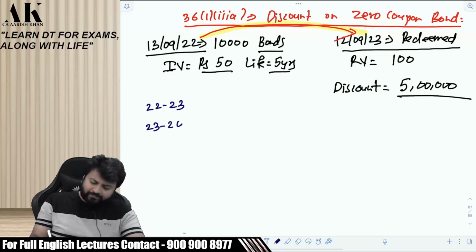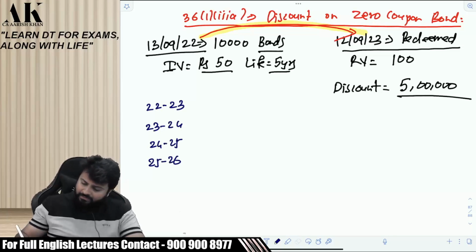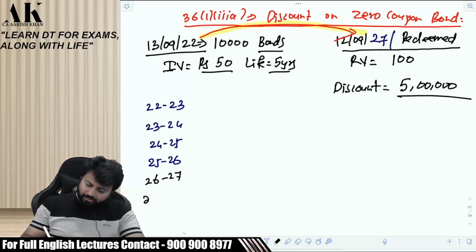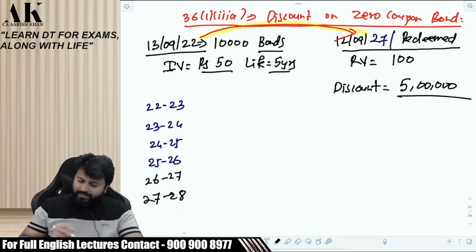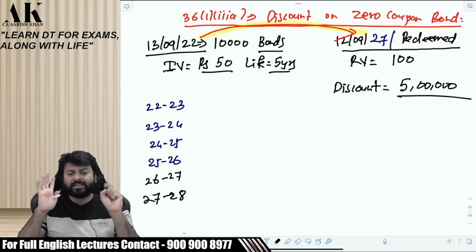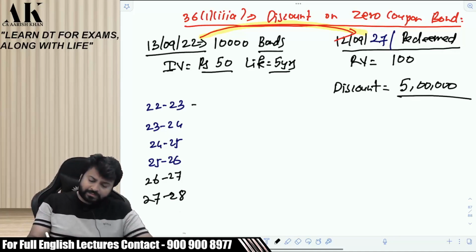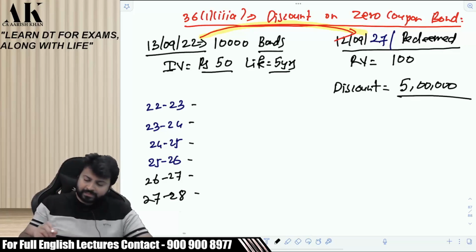Then 23-24, 24-25, 25-26, 26-27, and then I also have to write 27-28. Yes or no? There are 6 financial years here. First, second, third, fourth, fifth, sixth.